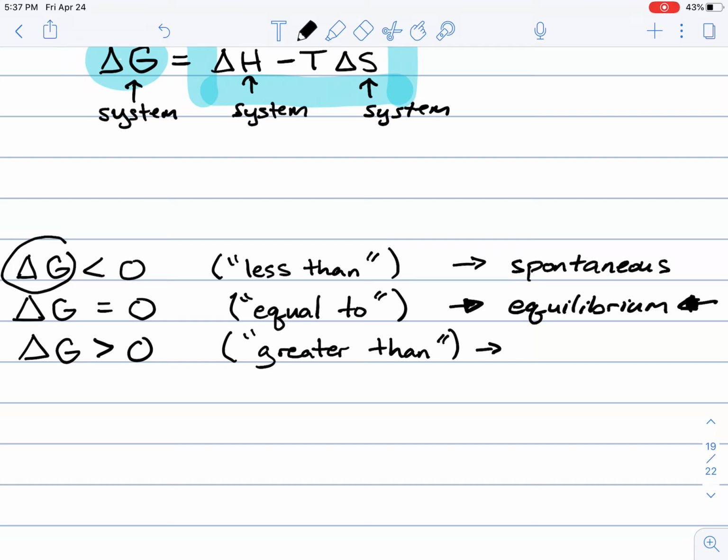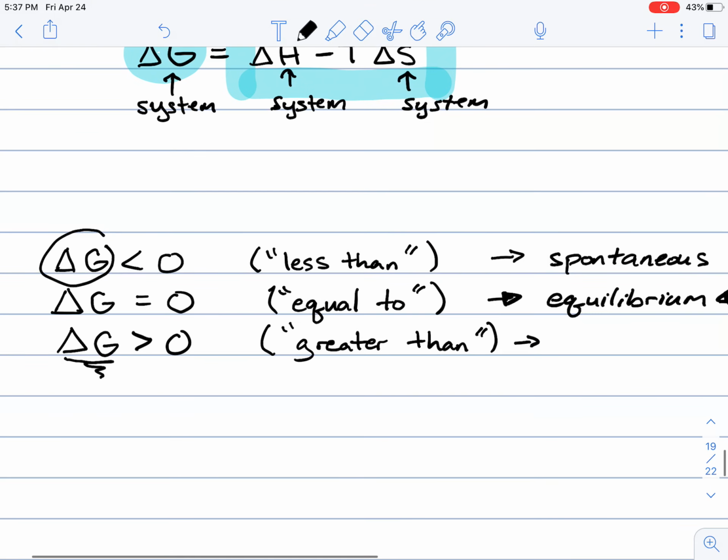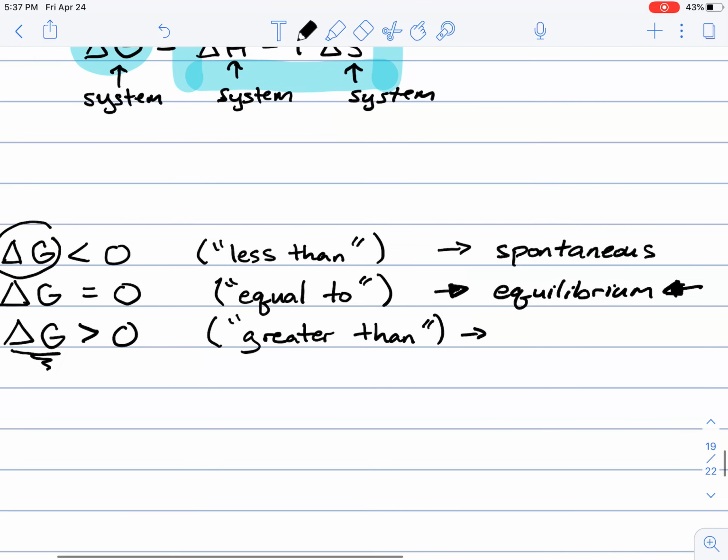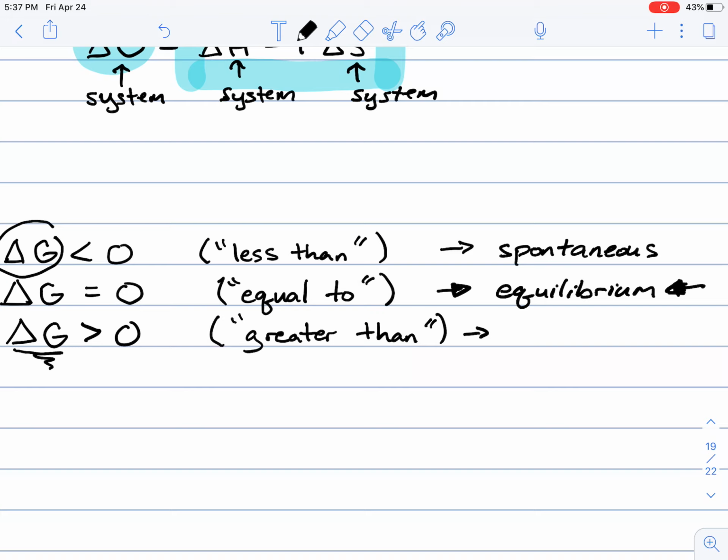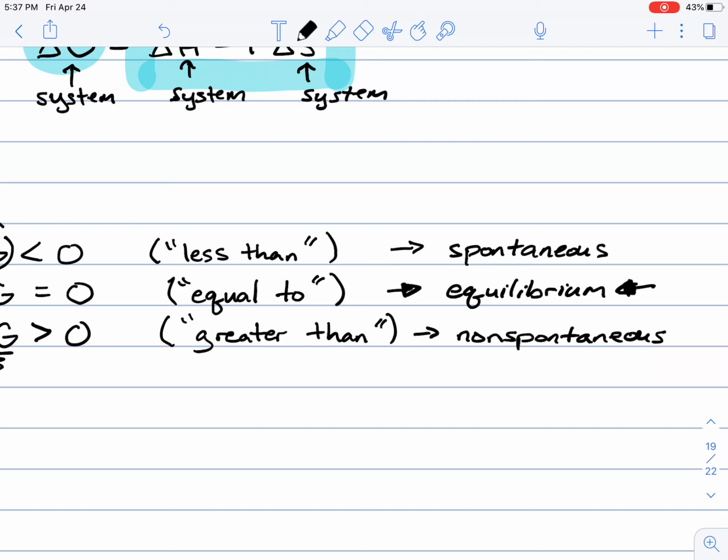Next, or last but not least, if the change in Gibbs free energy is greater than 0, in other words, a positive value, then that reaction is going to be non-spontaneous. Once again, the perspective of it being non-spontaneous depends on the direction.